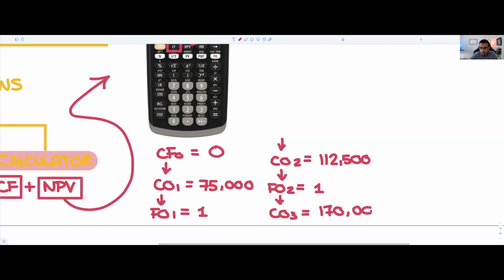At this point, you get the gist of it, right? F03 is of course equal to 1. So you enter that, and then CO4 will be equal to 215, and then F04 will be equal to 1 as well.